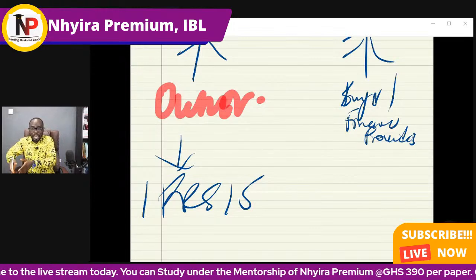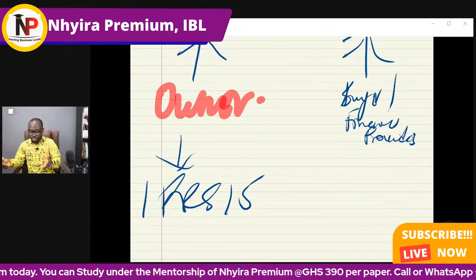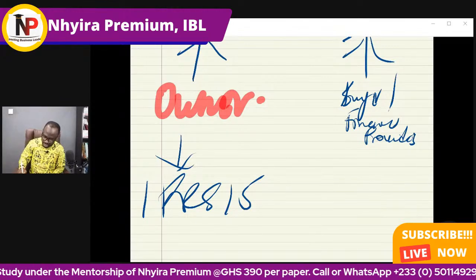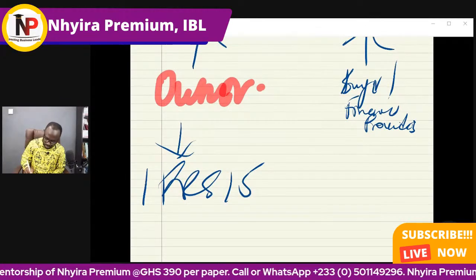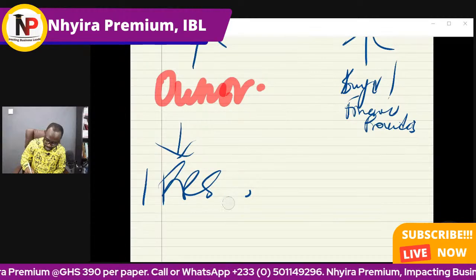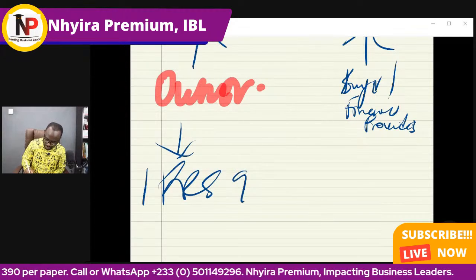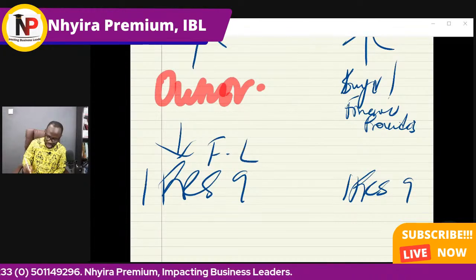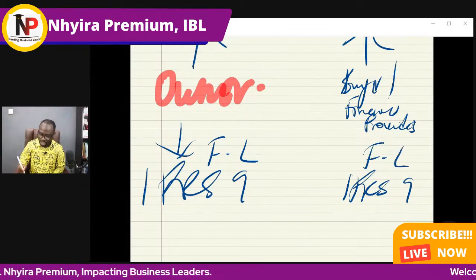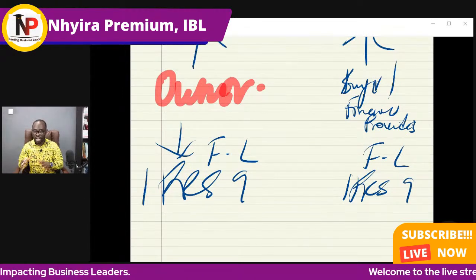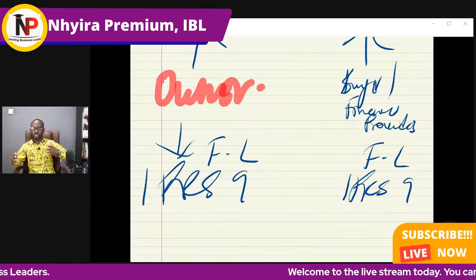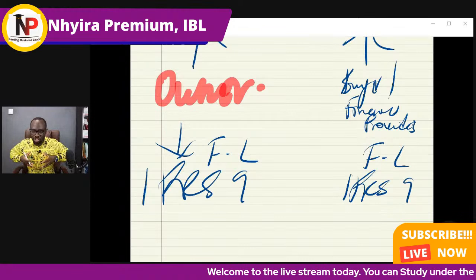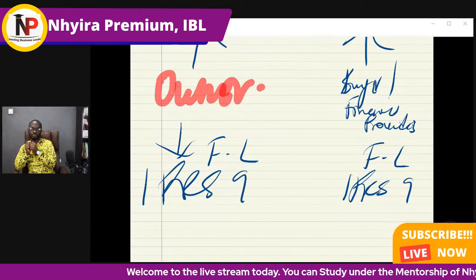Then the purported buyer, or the lessor, will recognize a financial asset as per IFRS 9. Why? Because there has not been a transfer of risks and rewards.